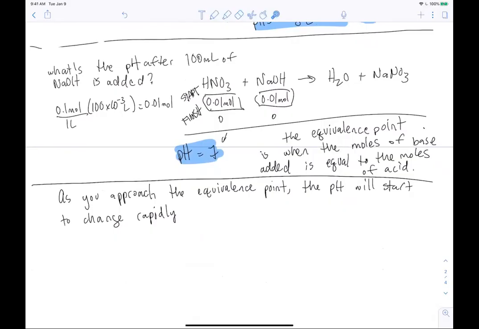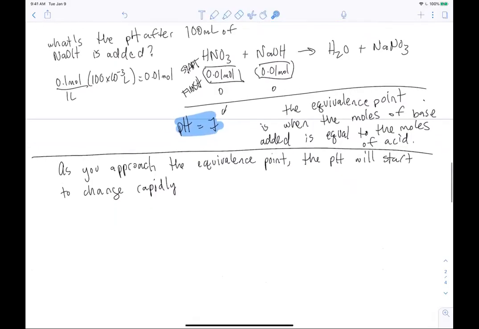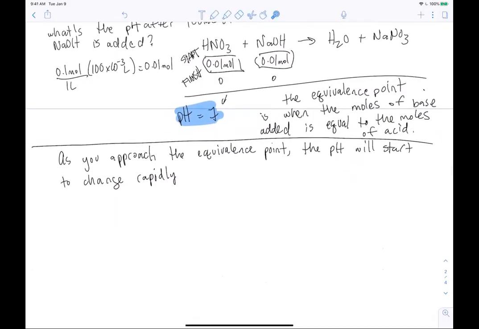Well, pH is an exponential function. You go from 1 to 2, and that's a factor of 10, correct? That's true, but we're staying in the logarithmic scale.